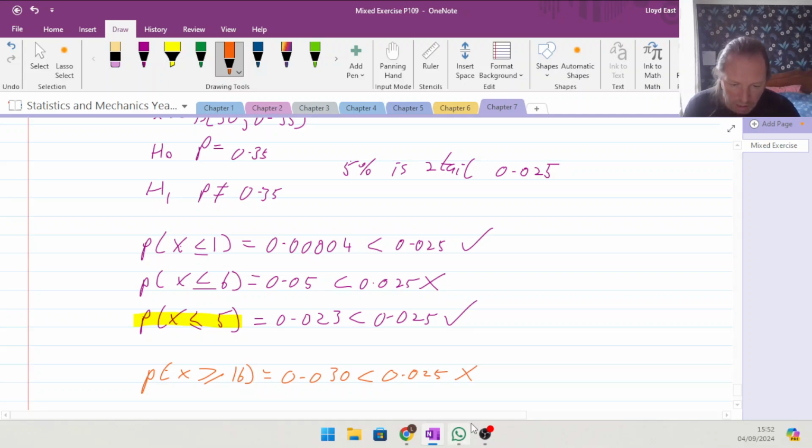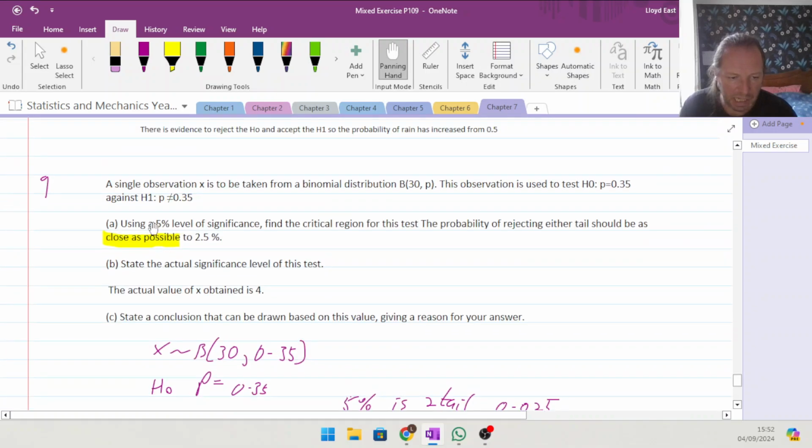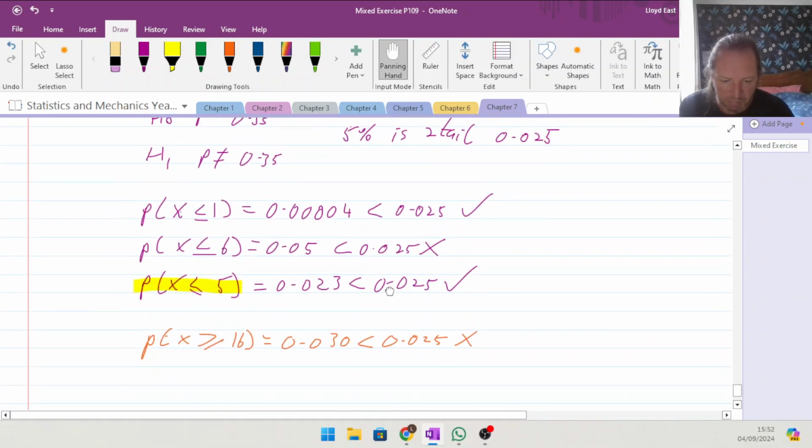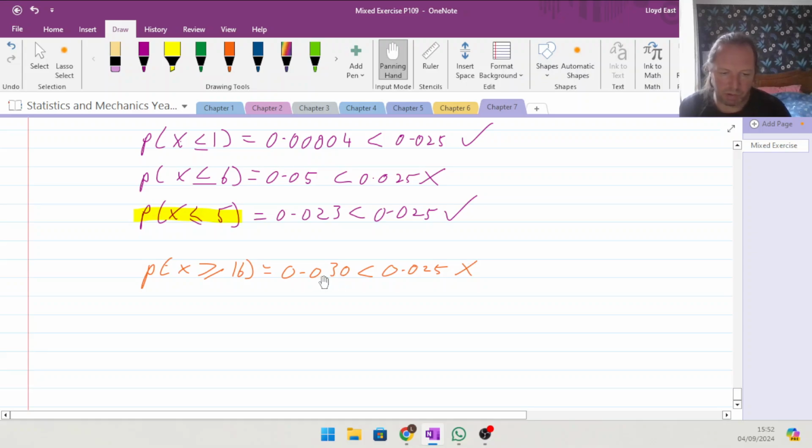But there might be a sting in this tail, because remember the question said make sure it is as close as possible. That's only 0.005 away from the value that we want, which is very close in fairness.